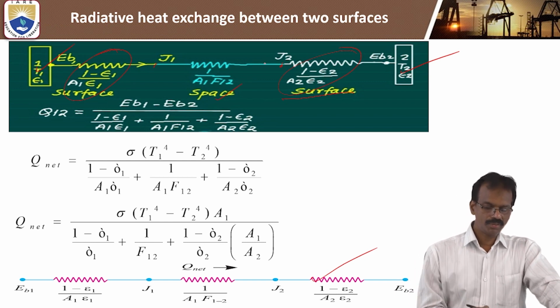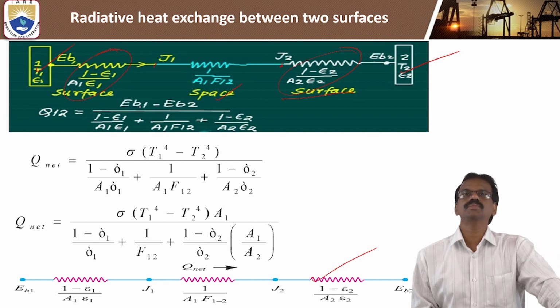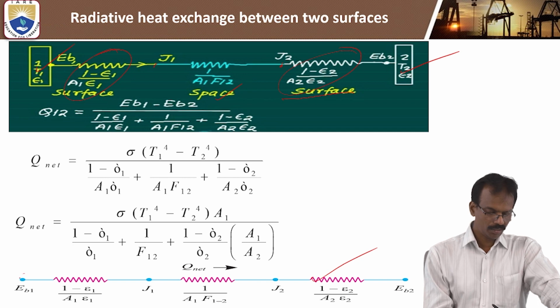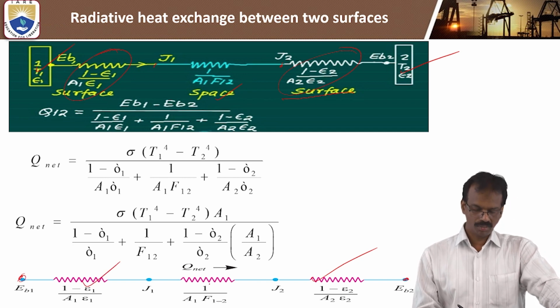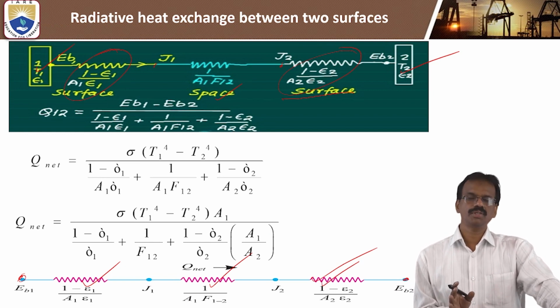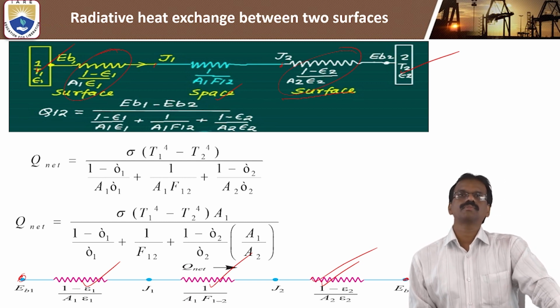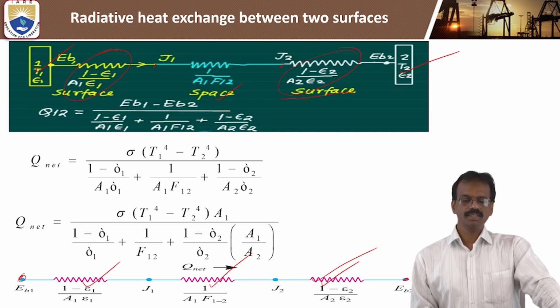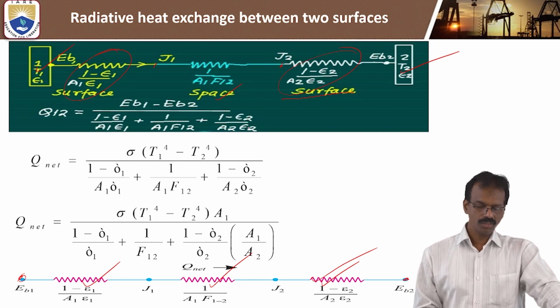Then the final formula, Q net is equal to EB1 minus EB2, like the electrical analog formula: initial energy, final energy, resistance 1, resistance 2, resistance 3. So energy difference by total resistance, that is the formula. EB1 minus EB2 by (1 minus epsilon 1) by A1 into epsilon 1, plus 1 by A1 F12, plus (1 minus epsilon 2) by A2 into epsilon 2. So this is the formula.